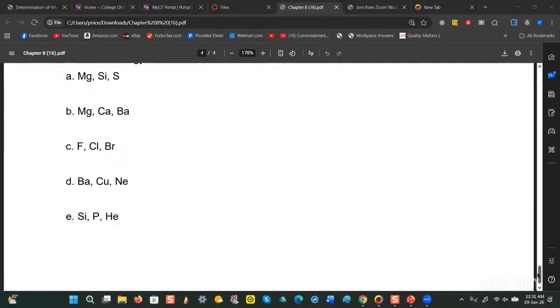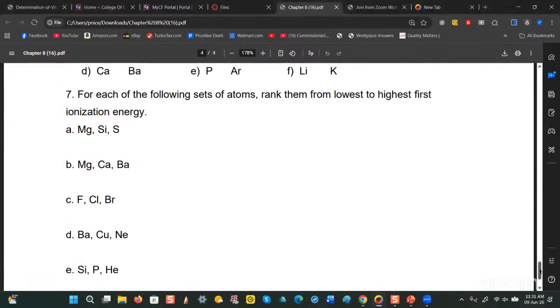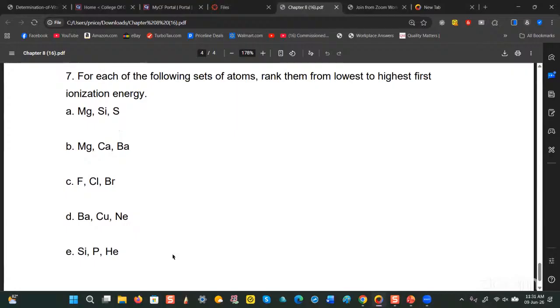So which of these three would you expect to have the lowest first ionization energy? Silicon, followed by phosphorus, followed by helium. Okay, very good. All right, so that's basically how that will be done.